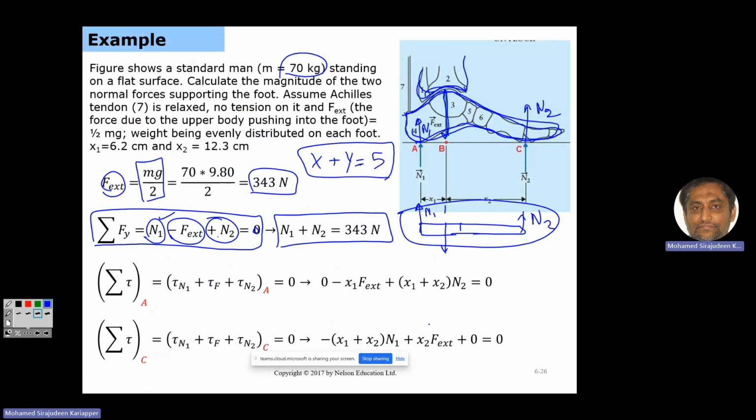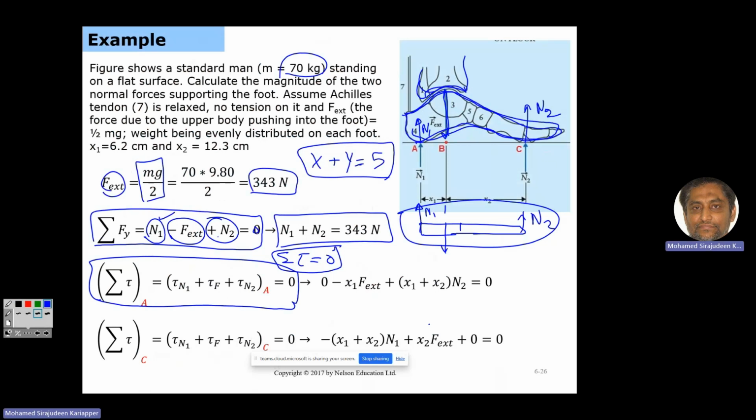So now we know we have another equation, which is the net torque equal to 0. That is for rotational equilibrium. We haven't applied this yet, so we can apply it now.